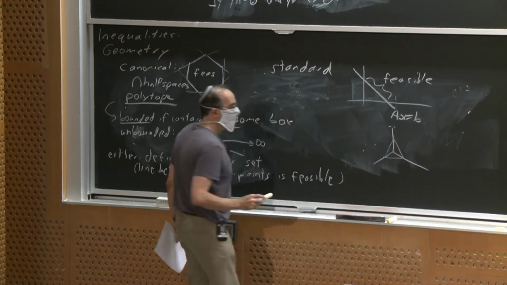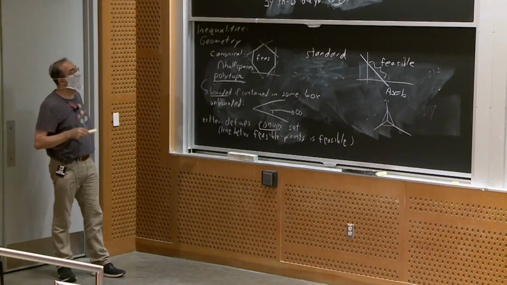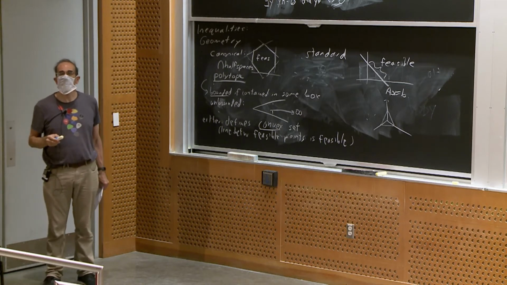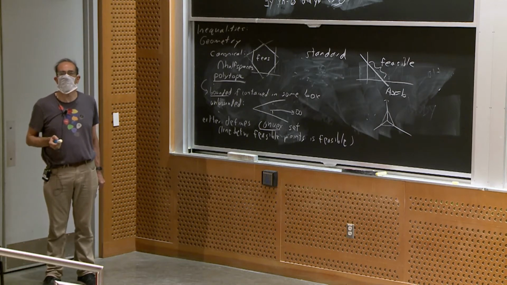Okay. Can anybody give a proof by picture for the canonical form? You can prove this algebraically, but pictures are nicer.